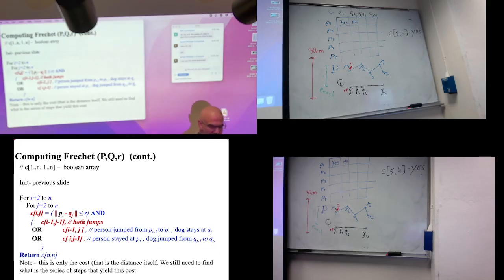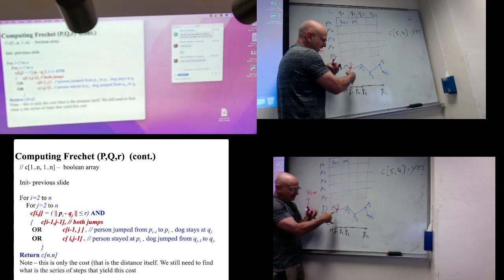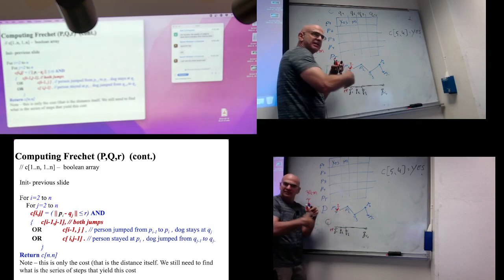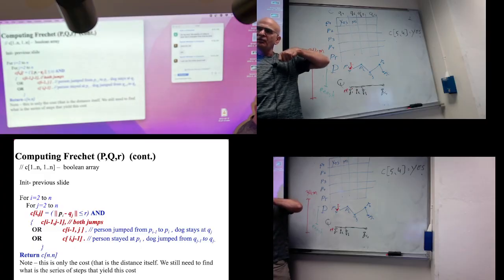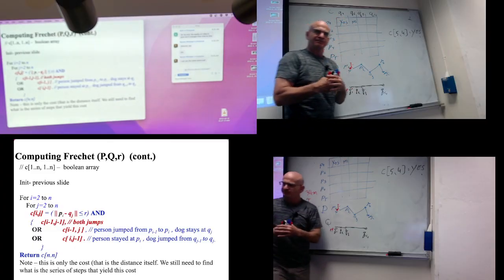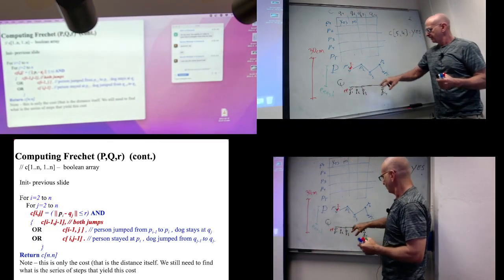That's what I want to write. What should happen? What would guarantee it? Or what will be sufficient to say it's no? It asks, is there any way that the dog and the man can move? And I'll remind you the move meaning at every time step, either the dog moves, or the man moves, or they both move. And always one vertex to the future.